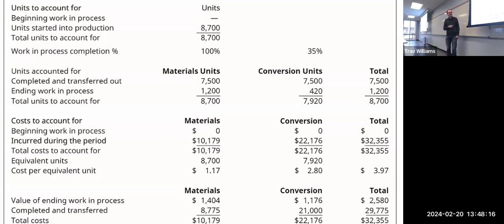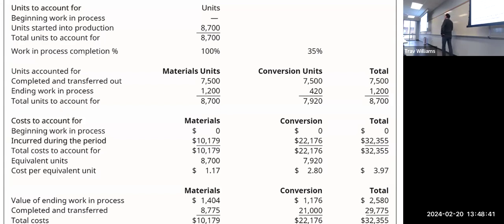Okay. And then once you know those costs per unit, then you can figure out the cost of what's still in process, the cost of what got transferred out, and then you can add those together to get your total cost.